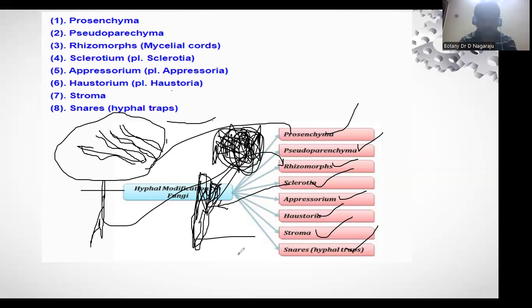And then appressorium. Upon the host tissue, you see, this is the host tissue, the mycelium hyphae lie upon the host and press against it.